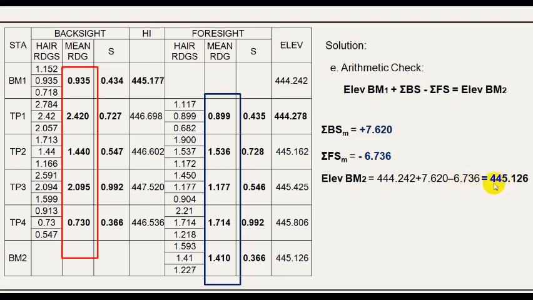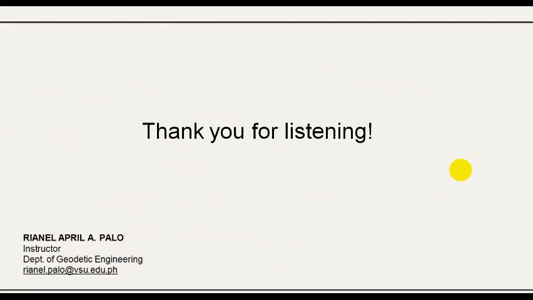That will give us an answer of 445.121, which is the same as what we computed in our three-wire level notes, equal to 445.126. So with this, it is safe to assume that our computed values for the mean readings, stadia intercept, height of instrument, and the elevation are correct. Okay, that would be all for today's discussion.